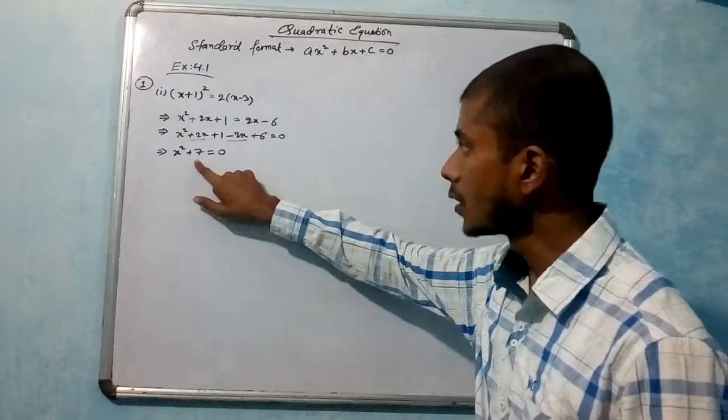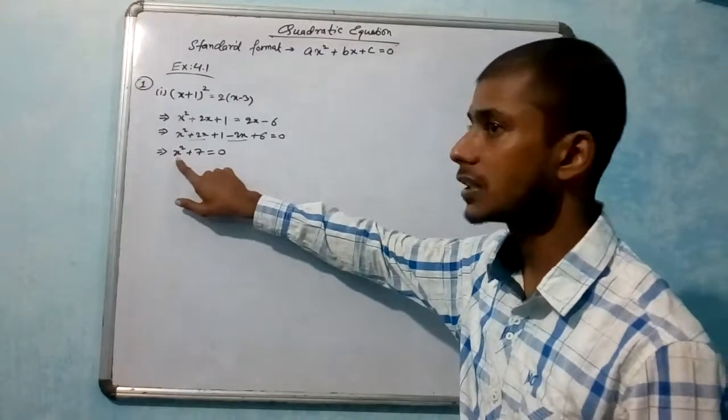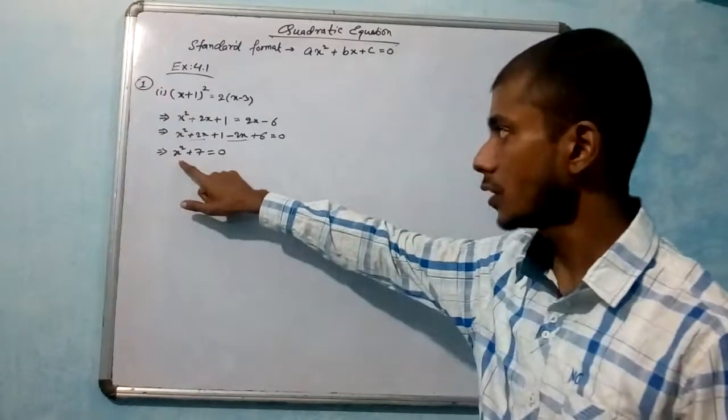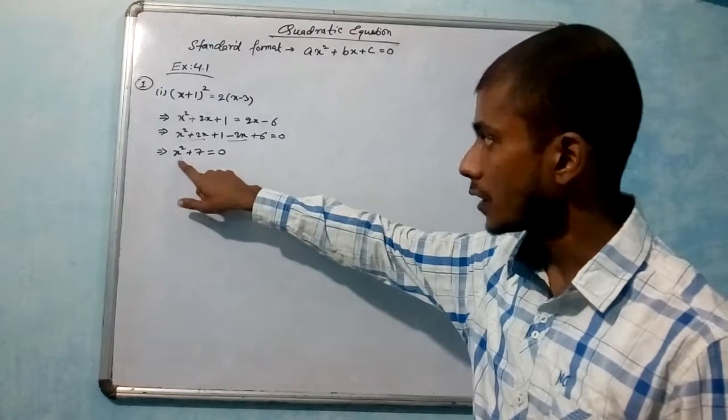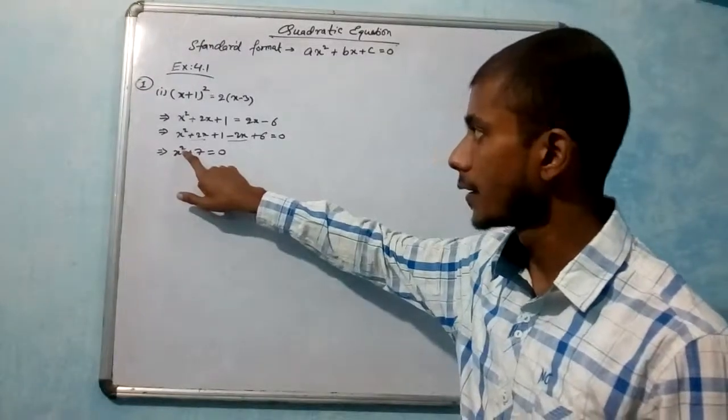Now, how to check whether the equation is quadratic or not? We will see the degree. Degree means the highest power of the variable present in that equation or polynomial. So here the highest power of the variable is 2.